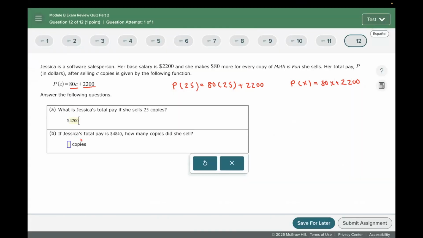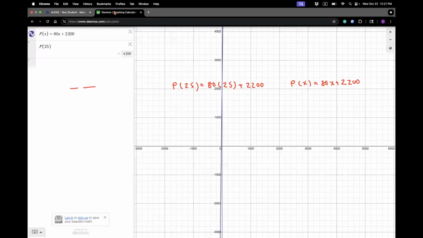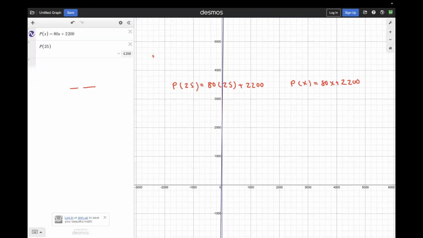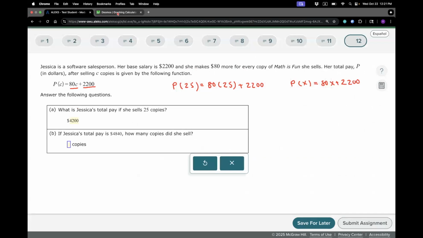And now we want, okay, if her total pay is 4,840, how many copies did she sell? So a couple different ways we could do this. I'm just going to go to the graph and look at 4,840 on the y-axis and see what x value that corresponds to. So let's see, I've already forgotten the number. What do they want, 4,840? Yeah.